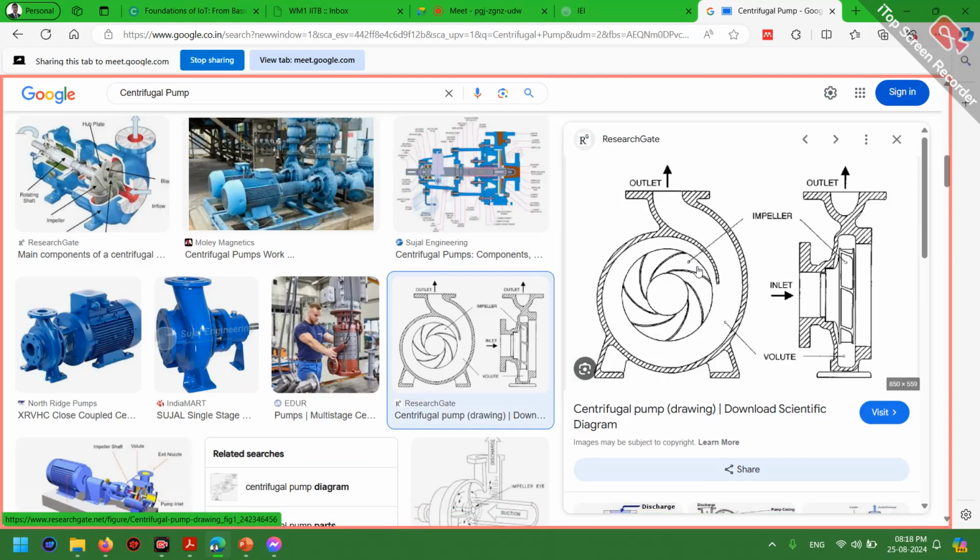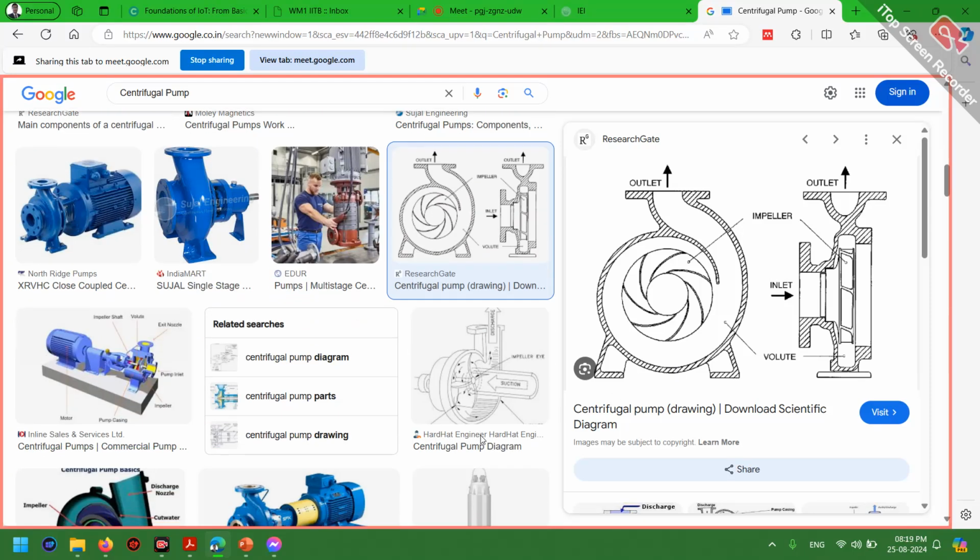This is another good picture. So this is the impeller. Impeller casing may be of different types. The impeller may be closed, open, or semi-open. Different kinds of impellers are there based on the operation. If the fluid contains a large amount of slurry, then we can use open or semi-open impellers in order to prevent choking of the impeller inside the centrifugal pump. Do you get it?